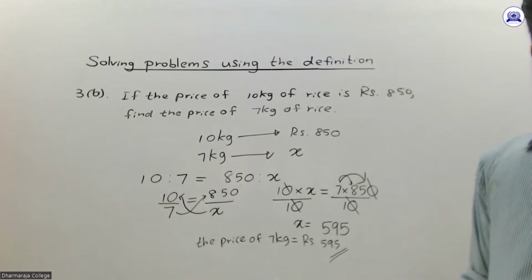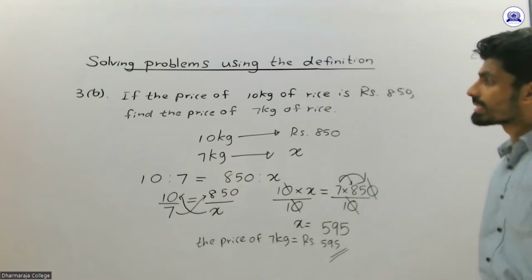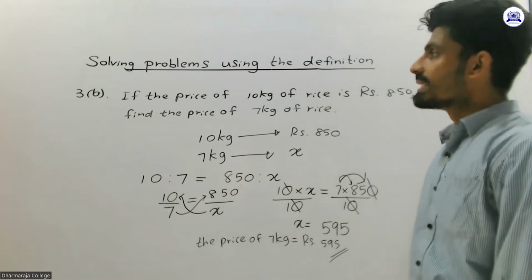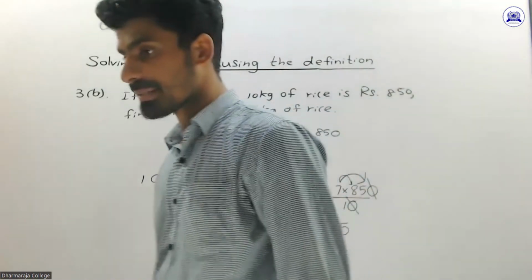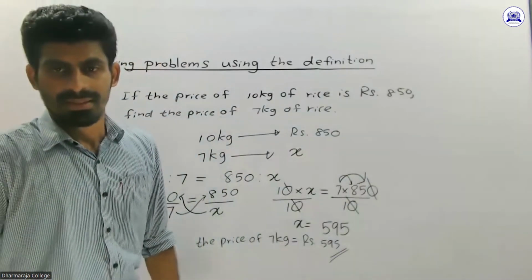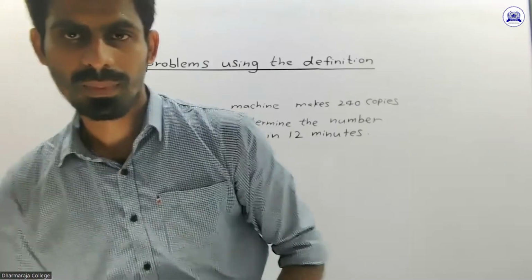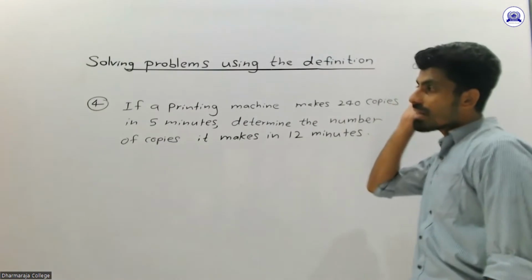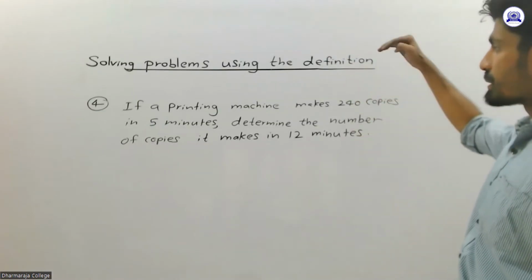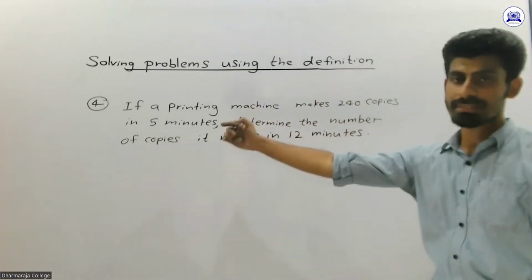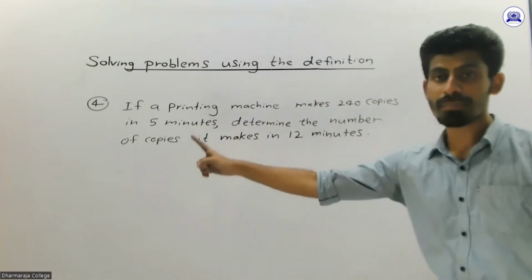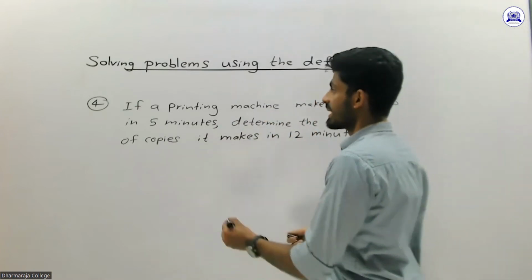Question number 3, so what is the question? Just move to the next one. Fourth question. If a printing machine makes 240 copies in 5 minutes, determine the number of copies it makes in 12 minutes.